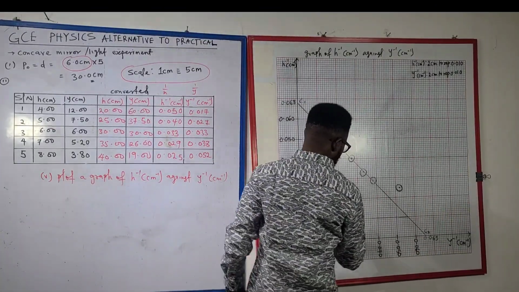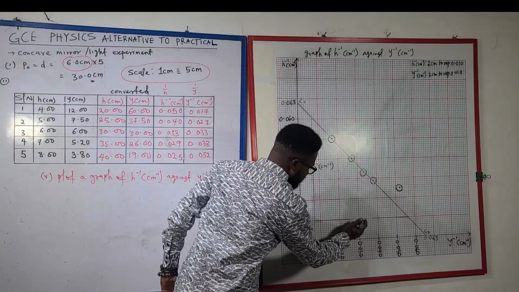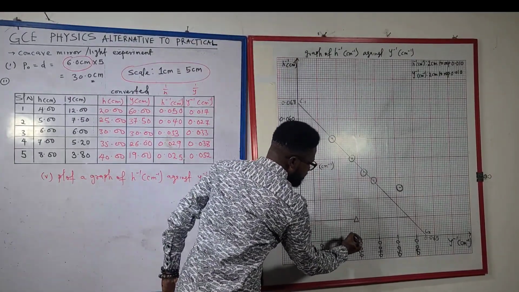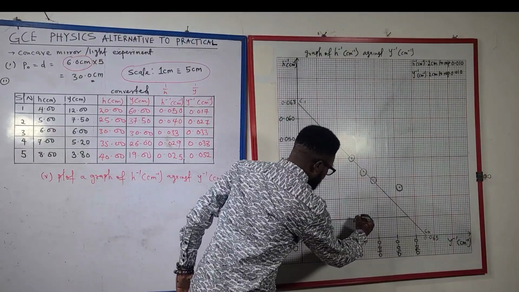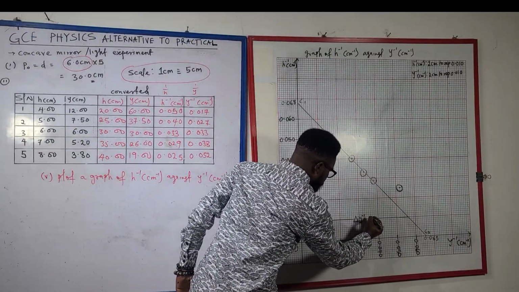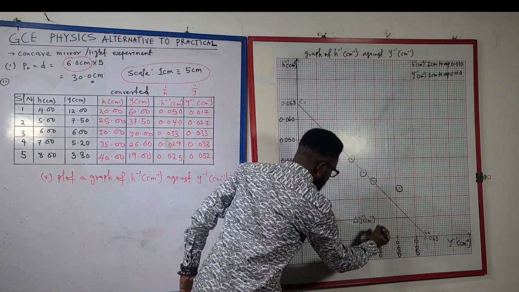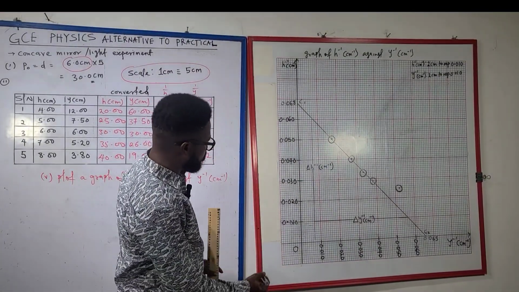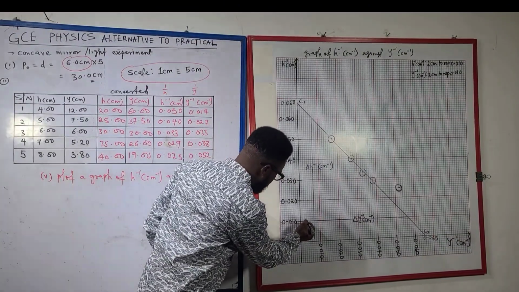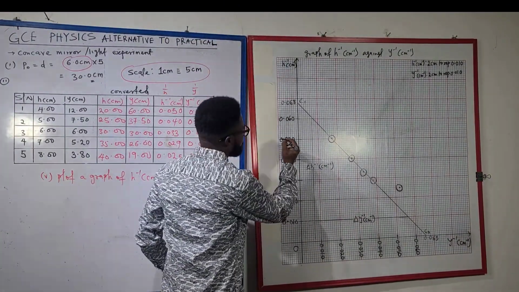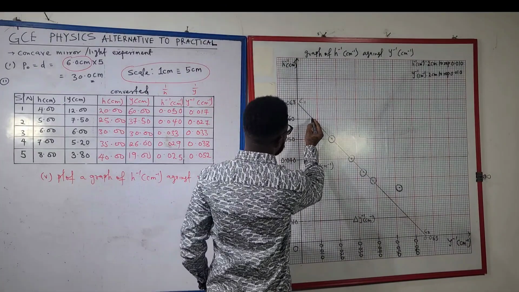This is for my horizontal axis, and this is going to be my change in y raised to the power minus 1 per centimeter. Now I want to locate that with my extrapolated line.